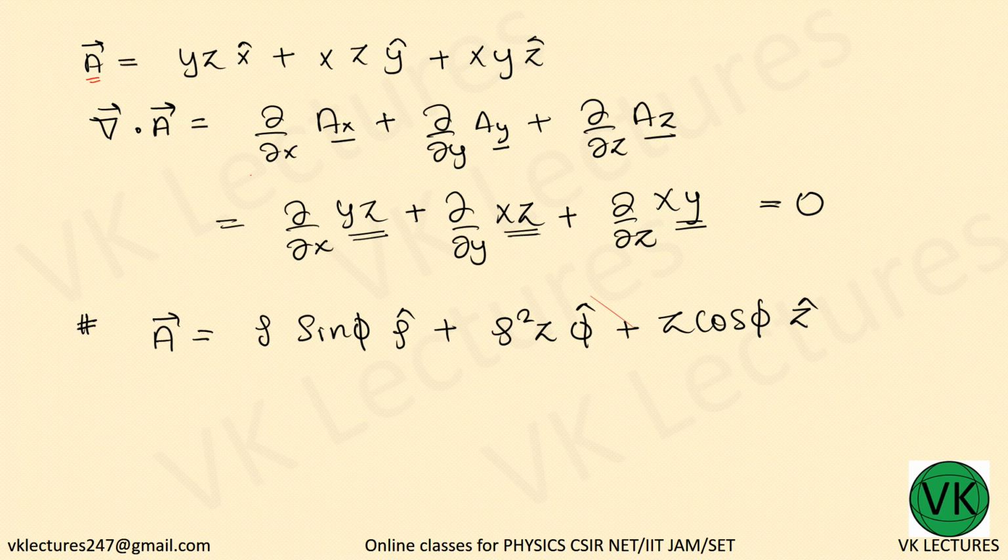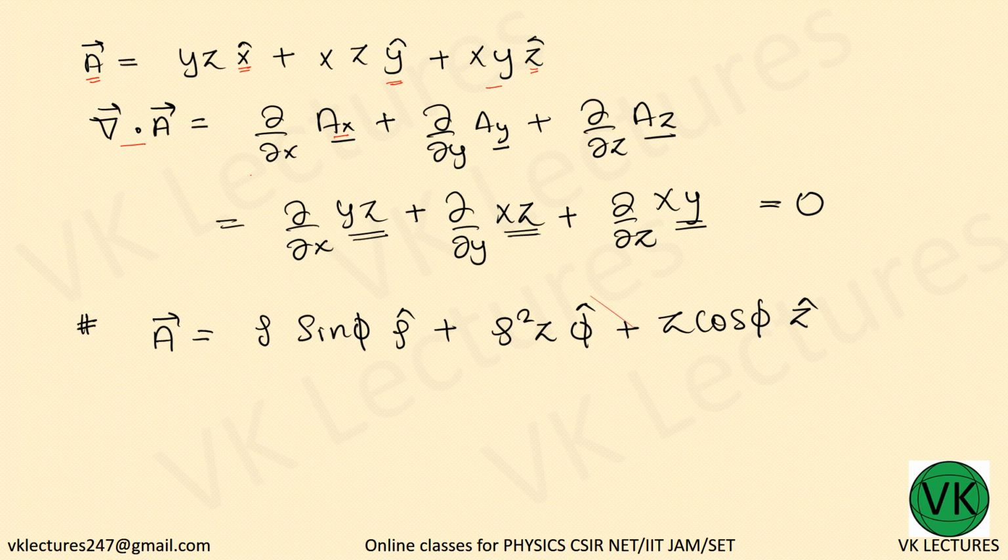The question is to find del dot A, the divergence of A, that's equal to dou by dou x of ax, the coefficient of the x cap, then dou by dou y of ay, the coefficient of y cap, and dou by dou z of az, the coefficient of z cap.